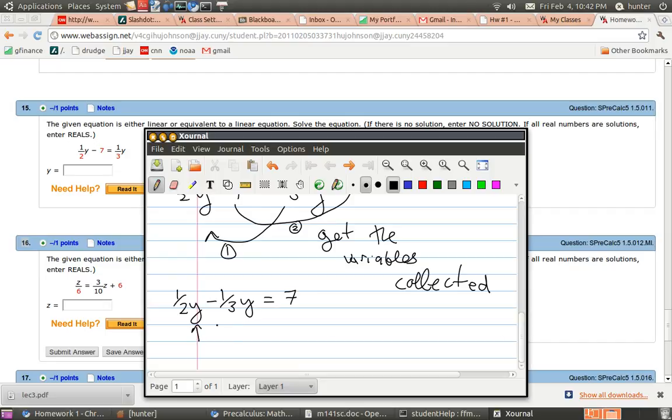Now I have to factor out the y that these two terms have in common. When I factor that y out, I get y times, and what's left in the first part is 1/2, and in the second part is 1/3. This whole thing is equal to 7.